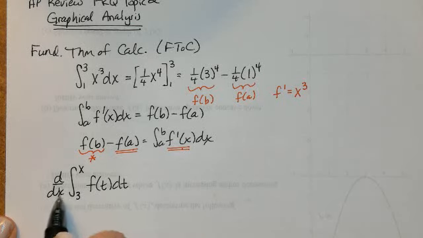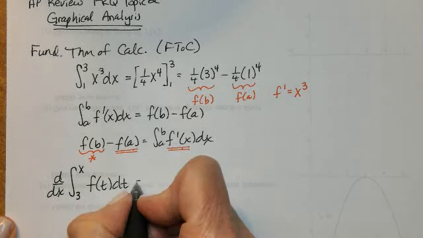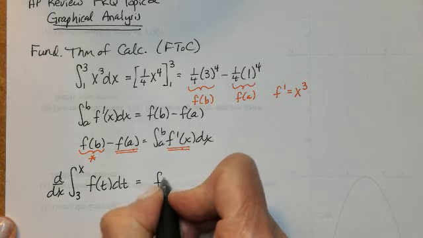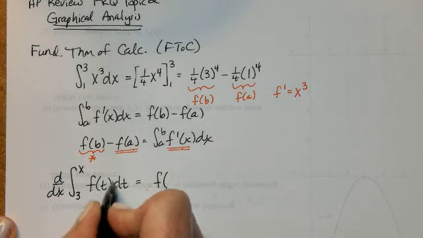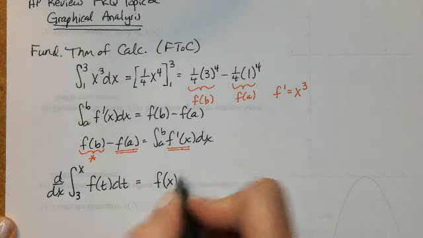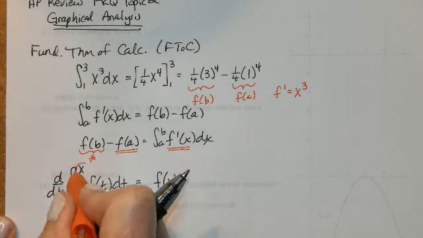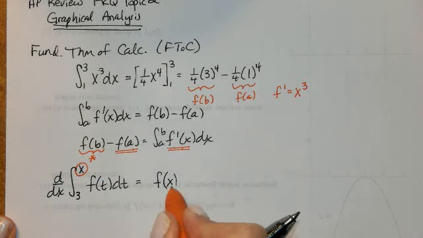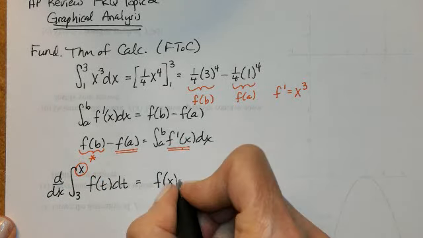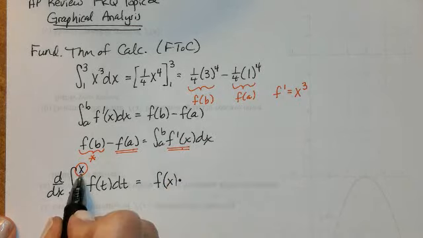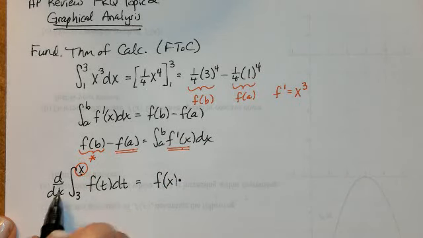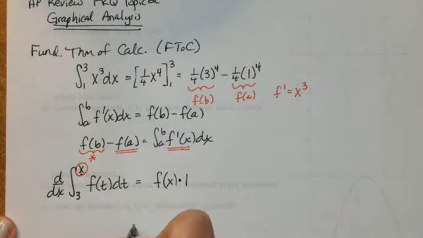If I take the derivative of this integral, then this is going to equal the function at the top boundary. Always start at the top boundary. The function at that top boundary times the derivative of that top boundary, and the derivative of x with respect to x is 1.